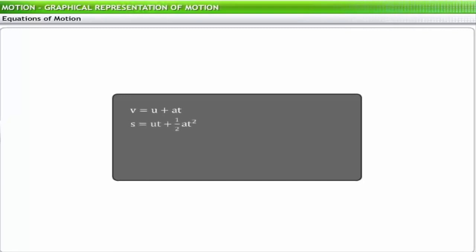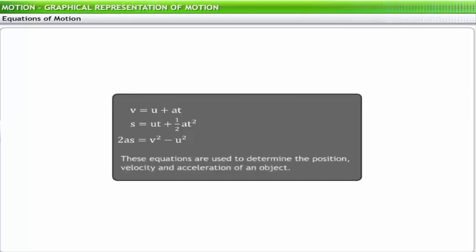S is equal to UT plus half AT square. 2AS is equal to V square minus U square. These equations are used to determine the position, velocity, and acceleration of an object. We can derive these equations graphically.